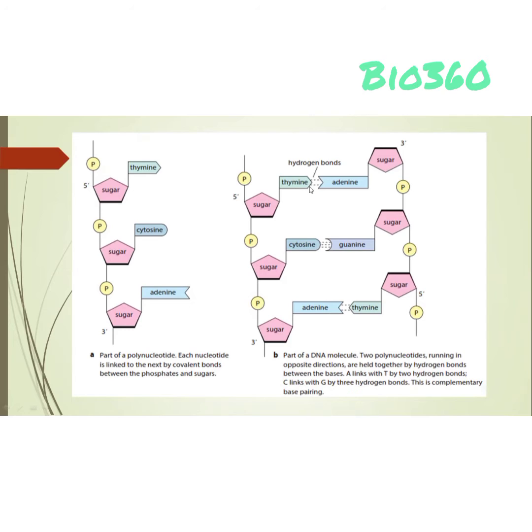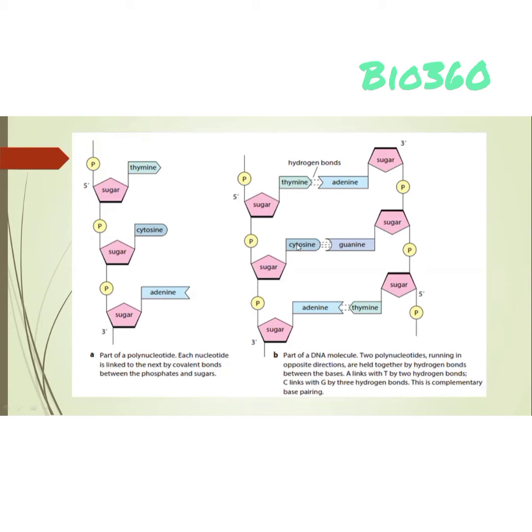Thymine is always complementary to adenine. Thymine always links with adenine by 2 hydrogen bonds, or adenine links with thymine by 2 hydrogen bonds. But cytosine links with guanine, or guanine links with cytosine, by how many hydrogen bonds? 3 hydrogen bonds. Okay?